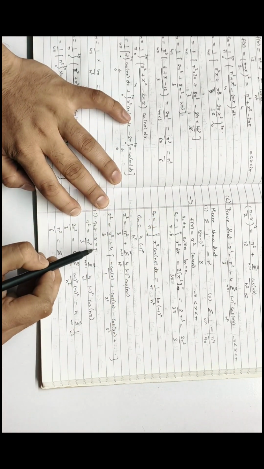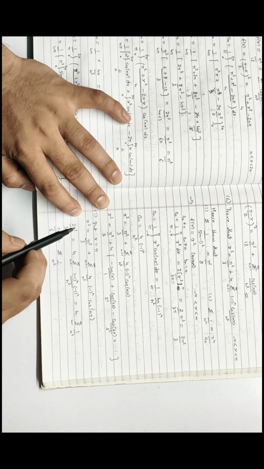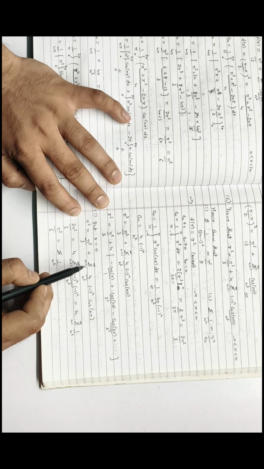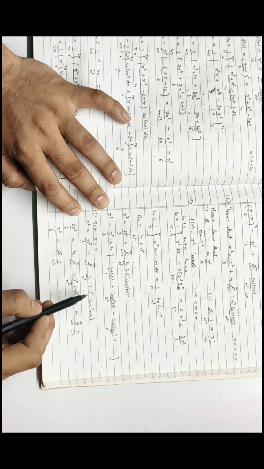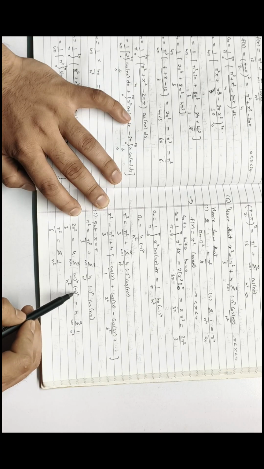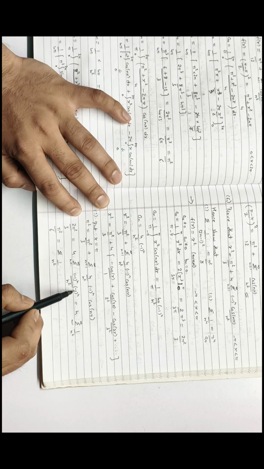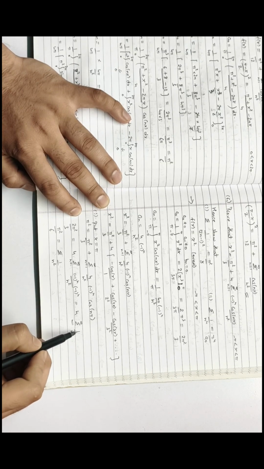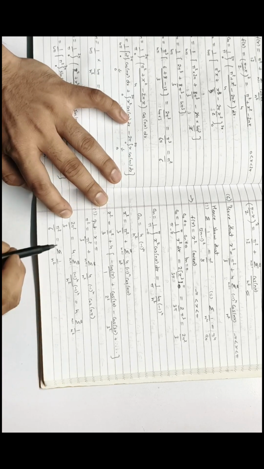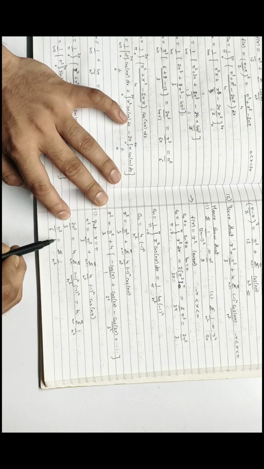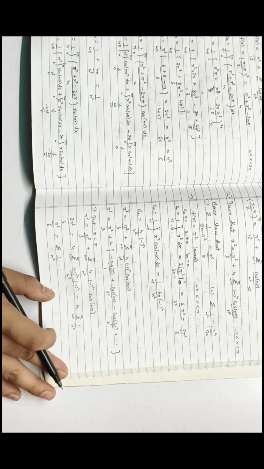It will give me π² equal to π²/3 plus summation n from 1 to infinity of 4/n² (−1)ⁿ cos nπ. Cos nπ will give me (−1)ⁿ. So (−1)ⁿ times (−1)ⁿ is plus 1, and I am left with 4 summation 1/n². So after multiplying it here, I will get π²/6 equal to summation 1/n².